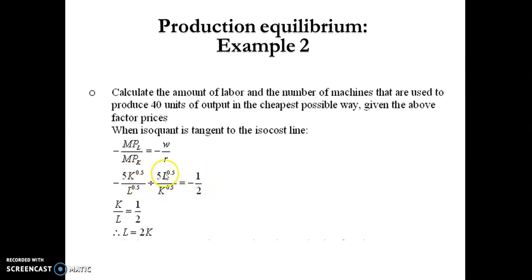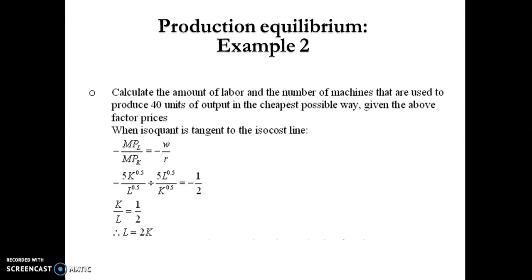Now, just to solve this, to make it easier, we could change this to multiplied, and then this could be switched around or inverted. So now you have K to the half in the numerator and 5L to the half in the denominator. Then I can just follow the rules of exponents, and because I'm multiplying, I can add my exponents.